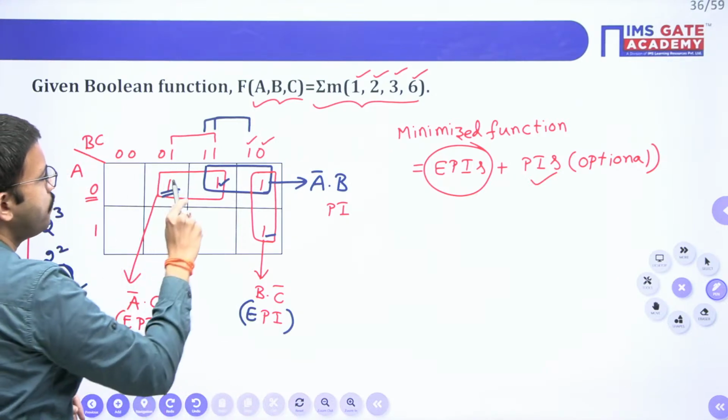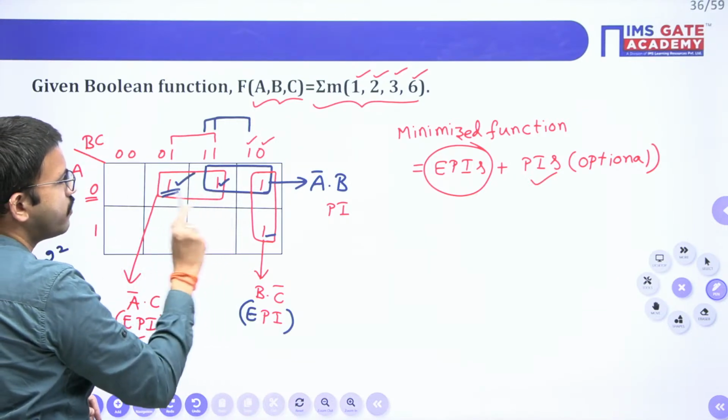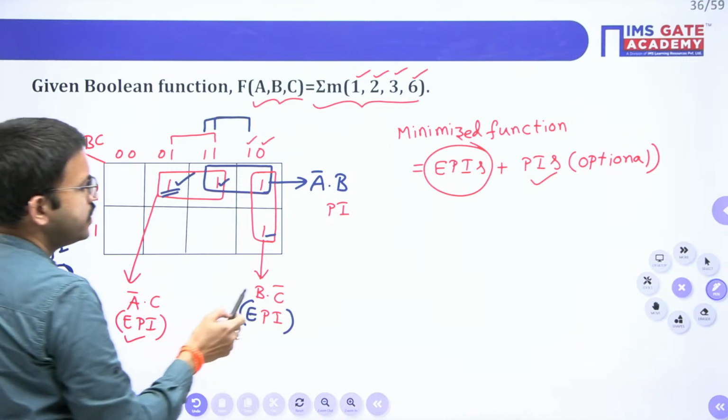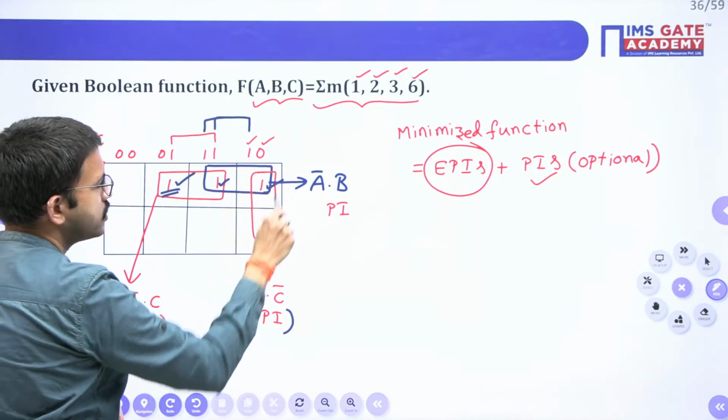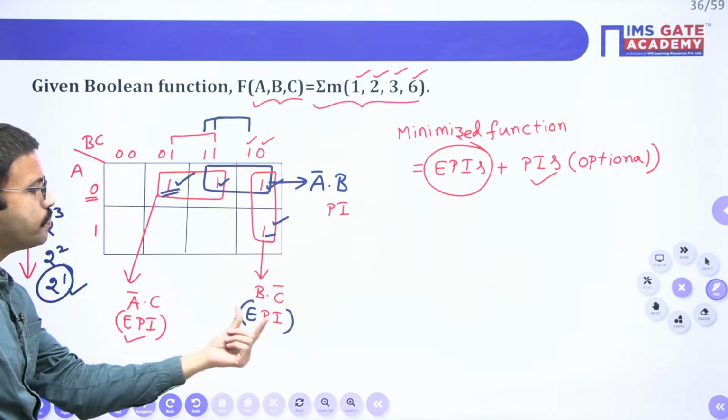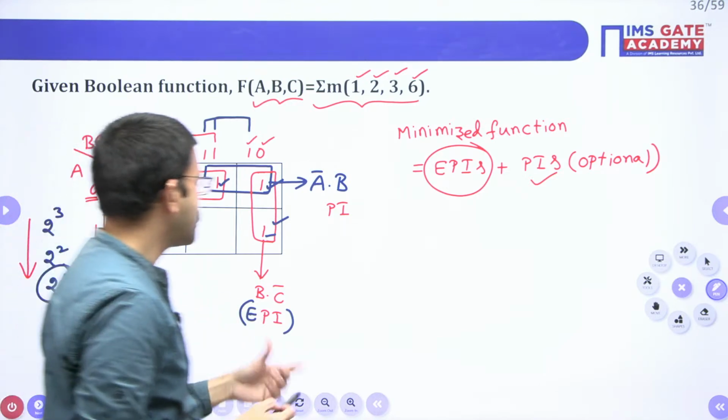In this example, with this grouping we have covered these two ones, and similarly with this grouping we have covered these two ones. So these two essential prime implicants are sufficient.